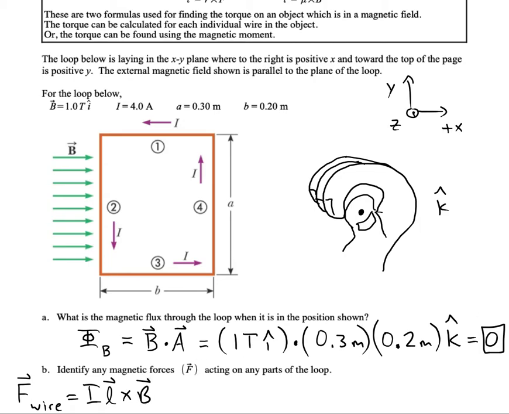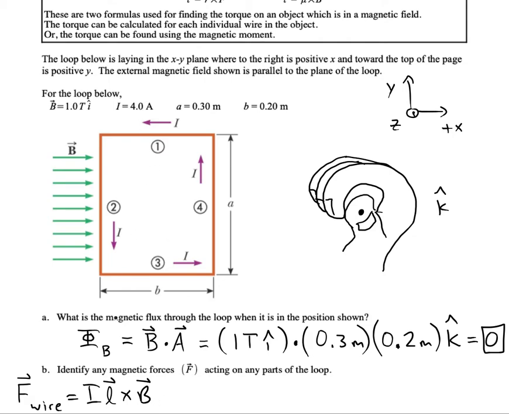It's kind of like qvB, very similar. v was the velocity of the particles, and here I is the current. L is going to be the length of the wire. The direction is going to be the direction of current. And then B is the field.